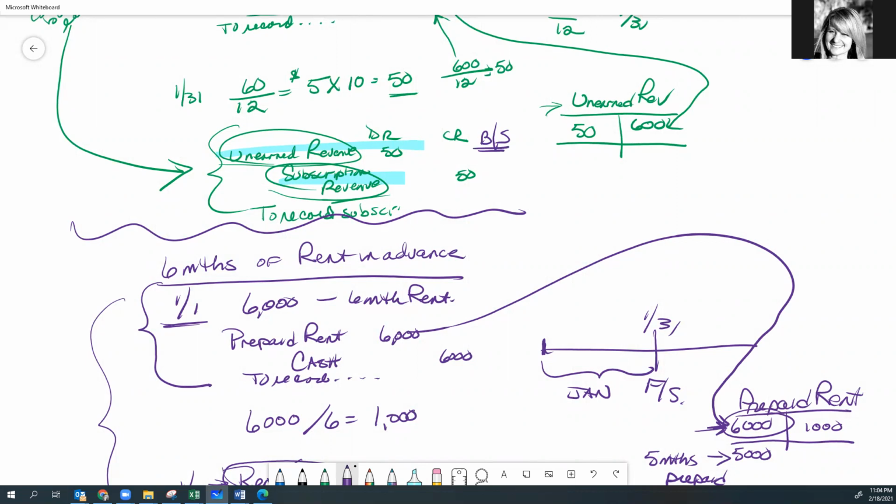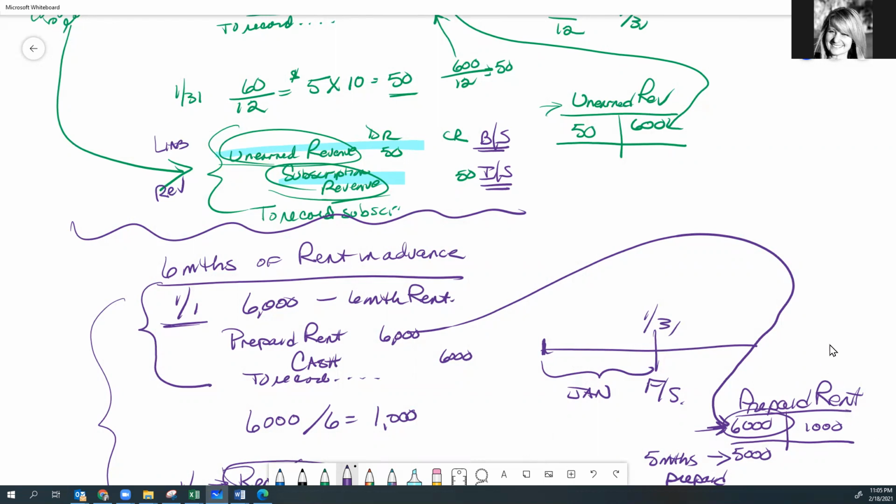Our subscription revenue is a revenue that shows on our income statement. Every adjusting journal entry you will do will involve at least one balance sheet and one income statement account. Okay, so it'll be either an asset or a liability on the balance sheet, and a revenue or expense on the income statement. So here it was a liability and a revenue.